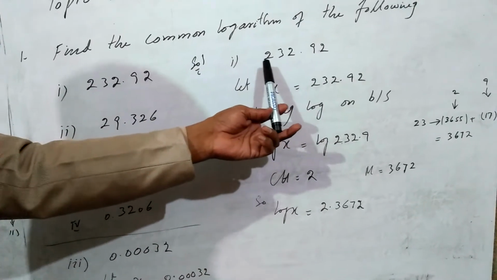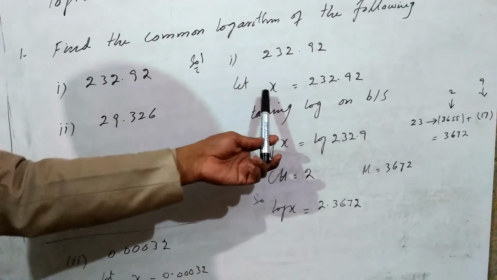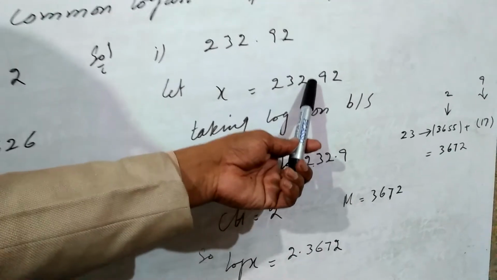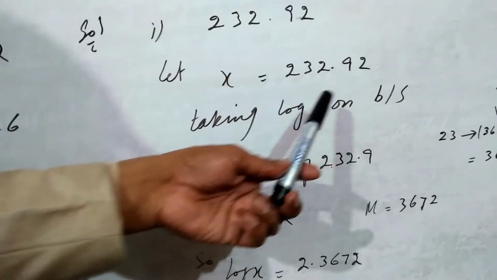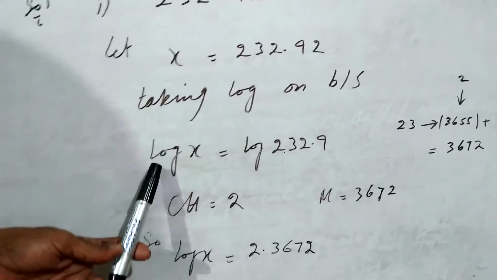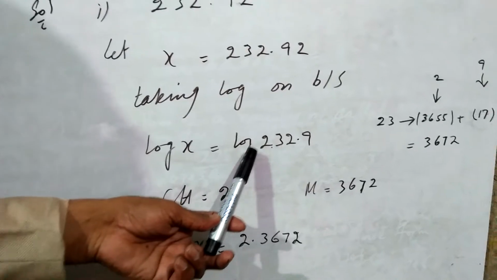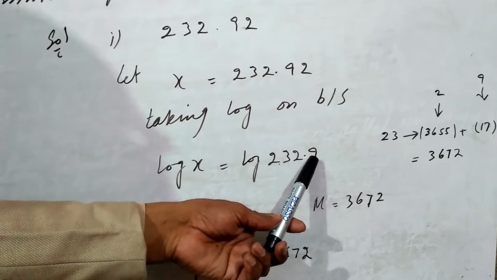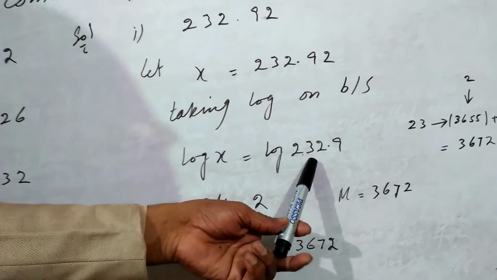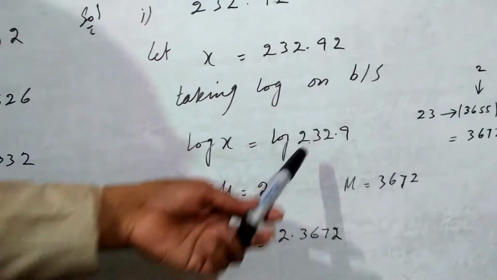Let x be equal to 232.92. Taking log on both sides, log x is equal to log 232.9. It can be written in this form also, or in round form.